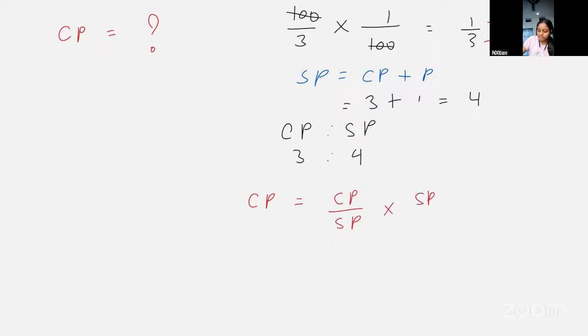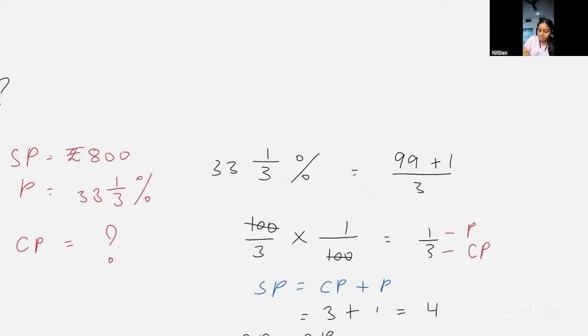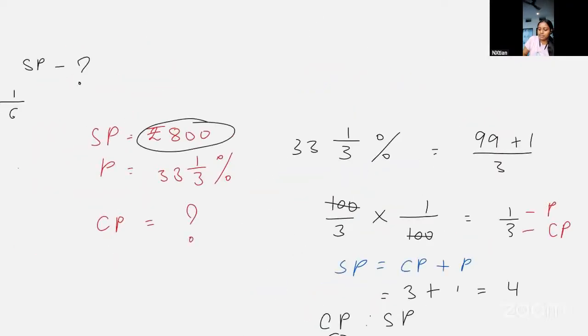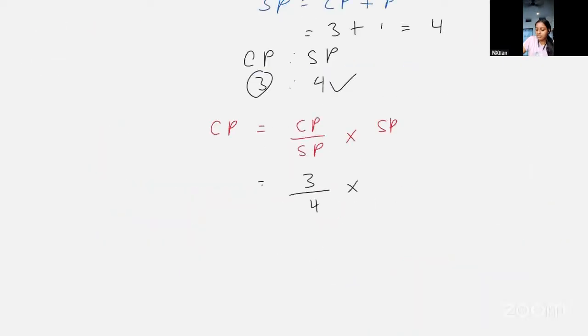I will write cost price, which is this 3, selling price, which is this 4, multiplied by the original selling price, how much in the question? 800. So I will write into 800.